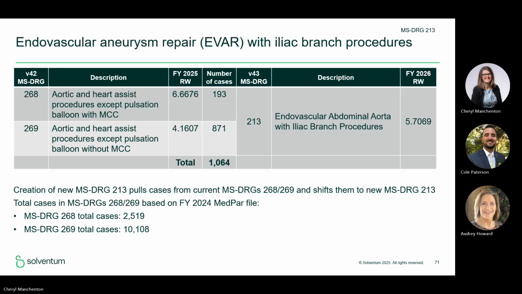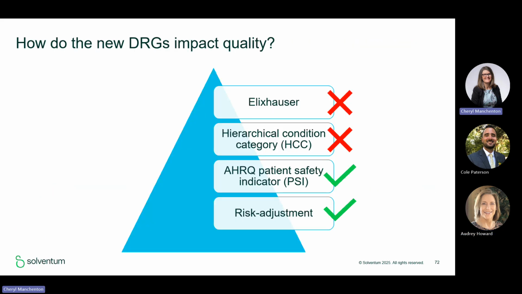Cheryl? From a quality perspective, again, having new DRGs means that they will be used differently in risk adjustment for expected complications, such as the patient safety indicators. And again, having different severity of illness, different expected risk of mortality.